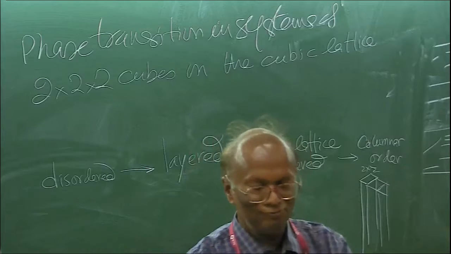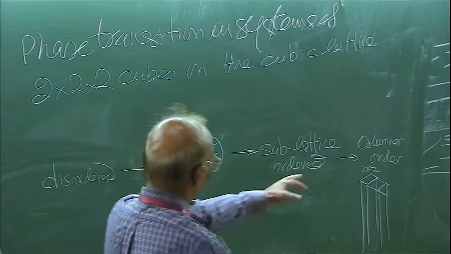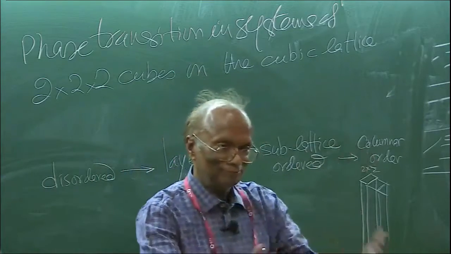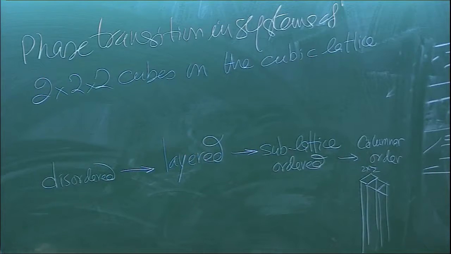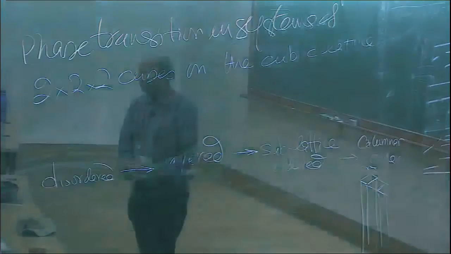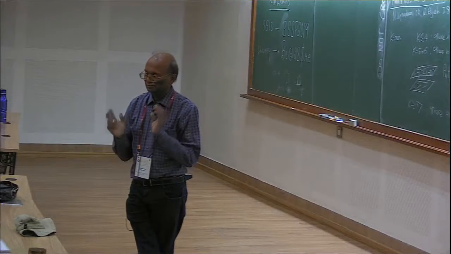That's what I argued just now. But if you have large number of defects, then they stabilize the sublattice against the columnar order. So, you can give the argument whichever way you like, but small number of defects tend to give you columnar order. If you have more defects, then you restore the sublattice order, which is very counterintuitive for me.